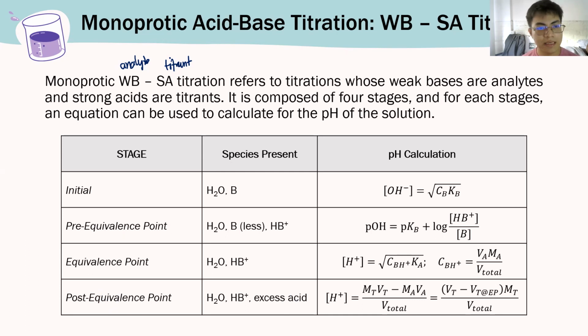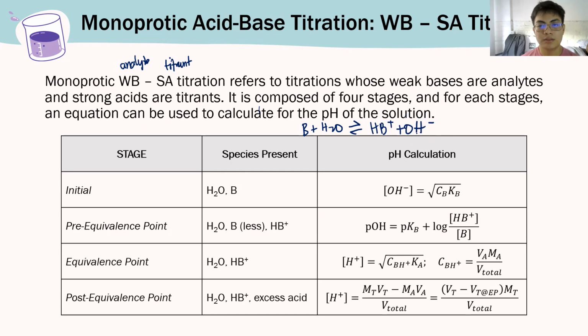Okay, so let's begin. Initially, you have your weak base and the water. When you have a base, it joins with water and you form hydroxide, which is a base.